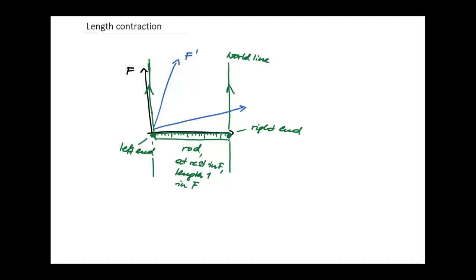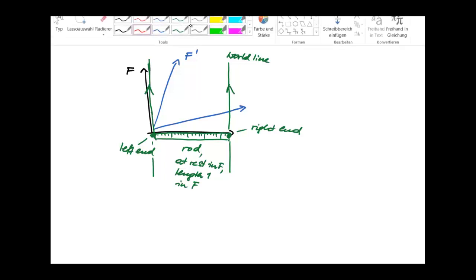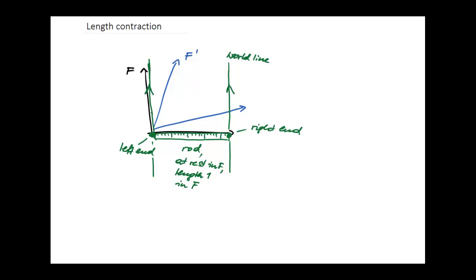We already know that simultaneity is not the same in f and f prime. In f, the two green dots that I indicated here in this drawing, this green dot on the left and on the right, are simultaneous events in f. They have two different values for the spatial coordinate, and the difference between the two values is the distance measured in f. What will f prime do?